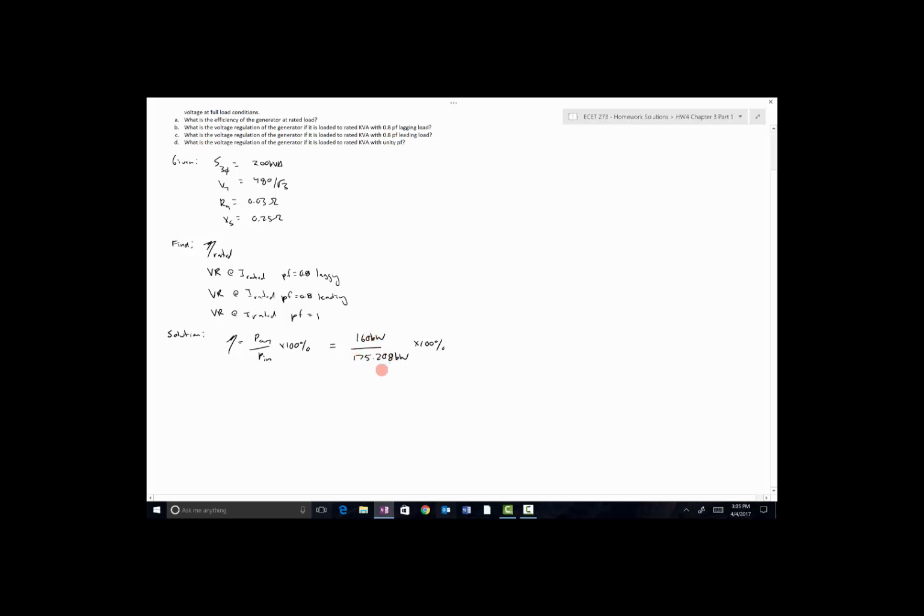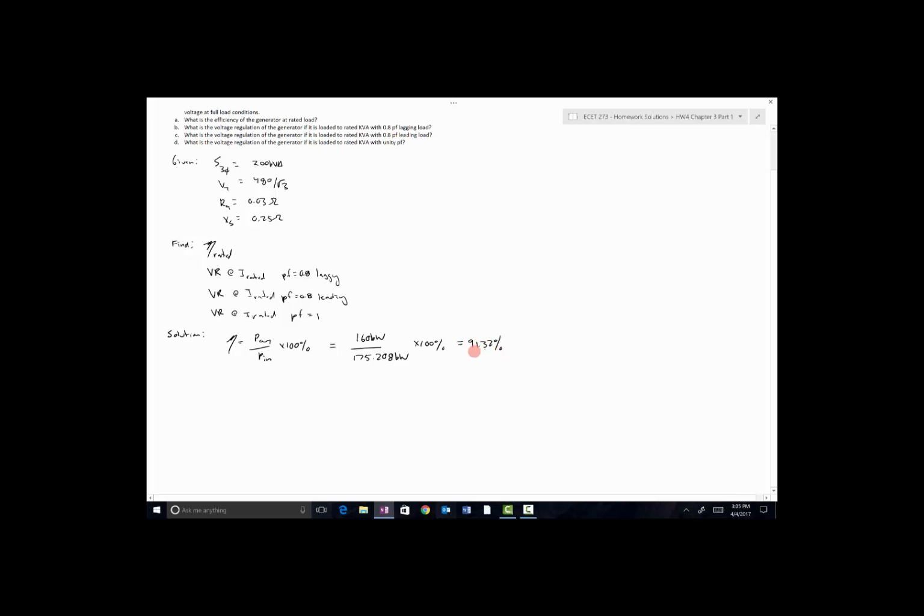For P in, we took into account the efficiencies at rated conditions, so that's where that number comes from. You divide 160 by 175.208, multiply by 100, and you get 91.32%.